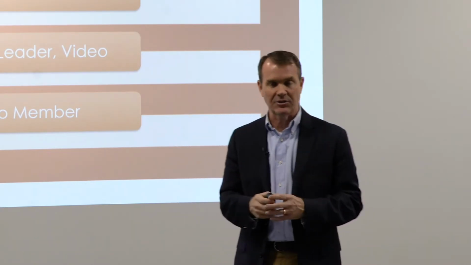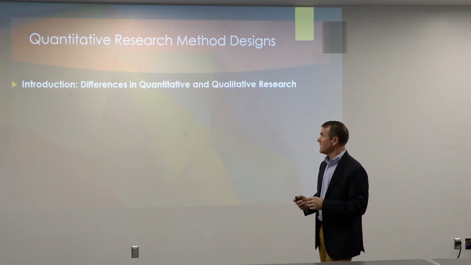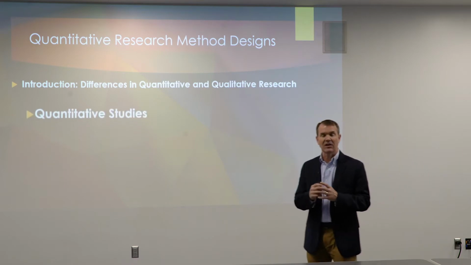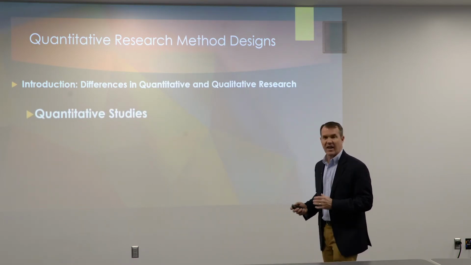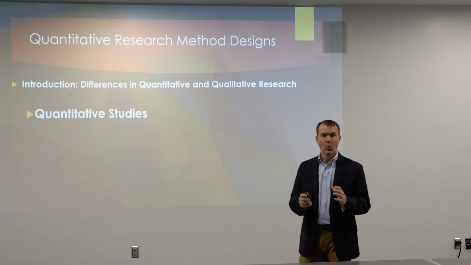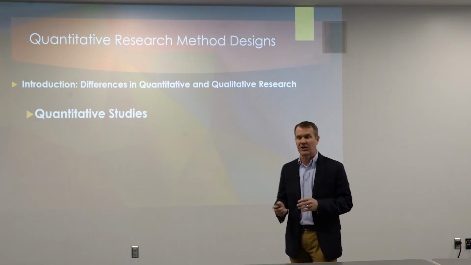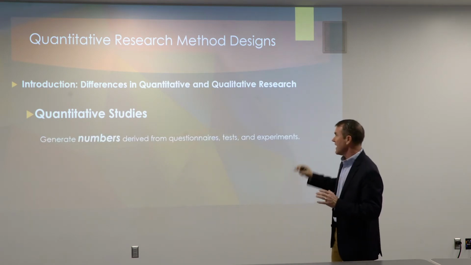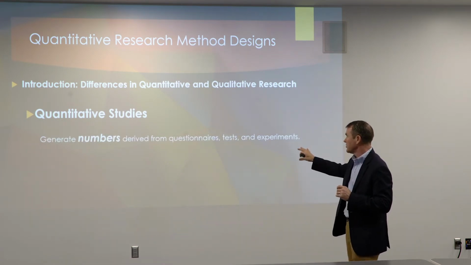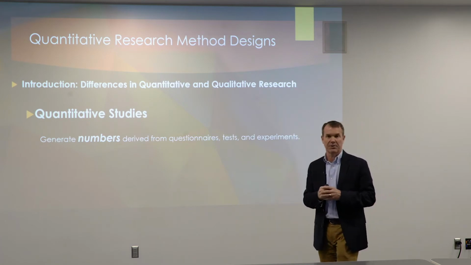Now in research, we know we call this compare and contrast. When we compare and contrast the differences in qualitative and quantitative research methods, we learn that quantitative studies, what we will be focusing our attention on here today, are studies that generate numbers. In fact, numbers derived from questionnaires, tests, or experiments.